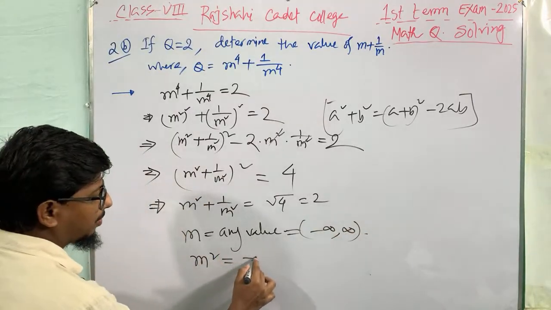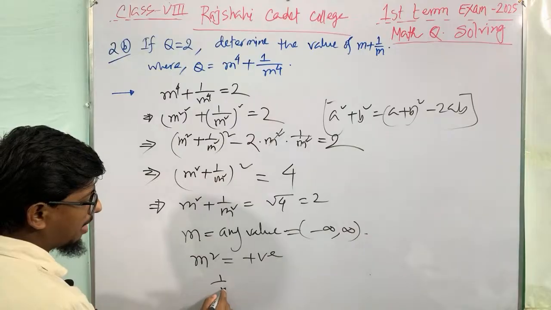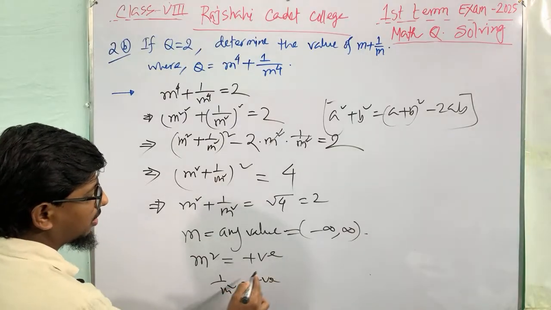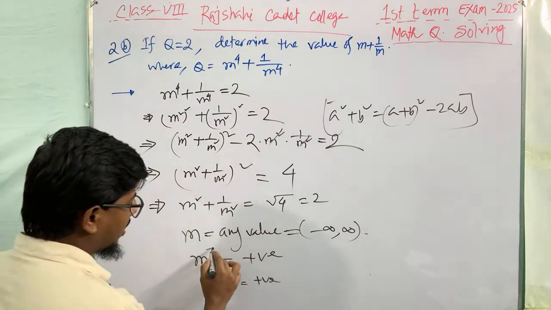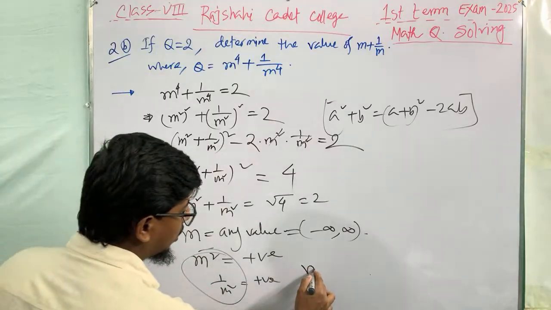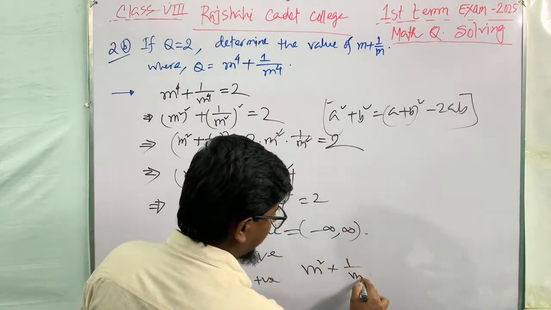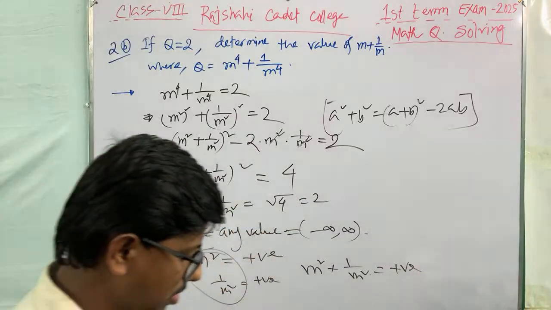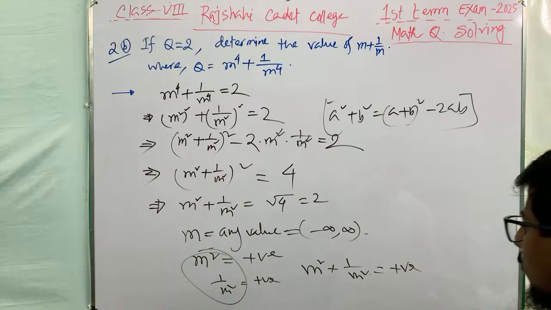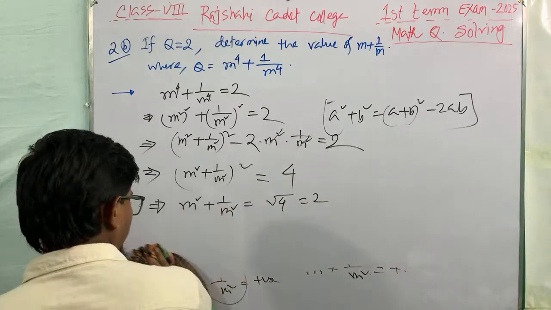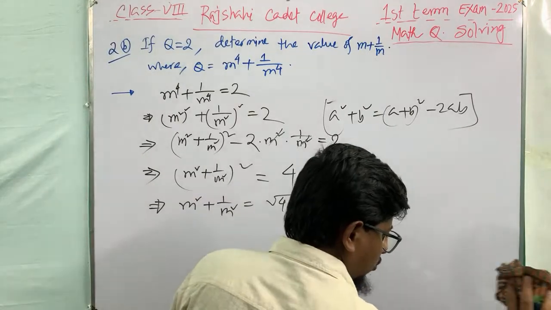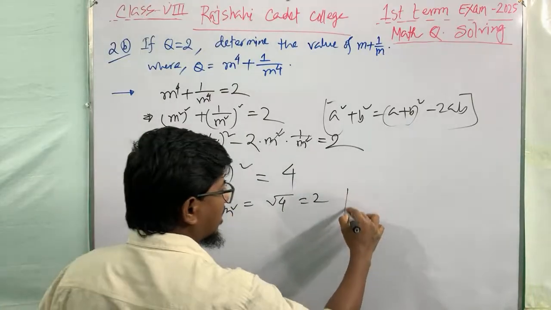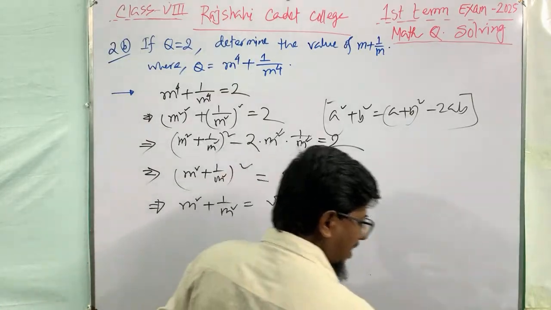M square is always positive, and also 1 by m square is always positive. So two positive numbers adding up with each other will only produce a positive number. So you must remember, this is not going to be plus minus root 4. This is only root over 4. You may also as well write the logic in the brackets.